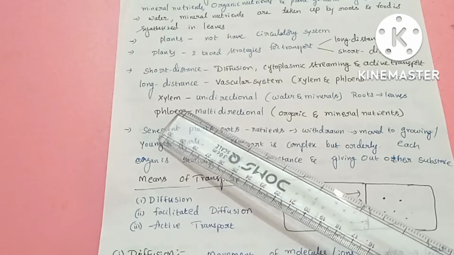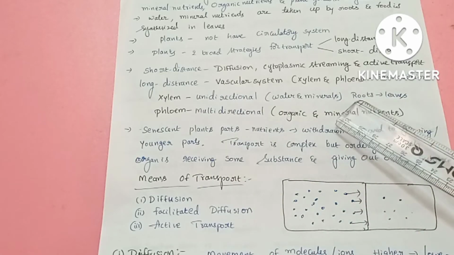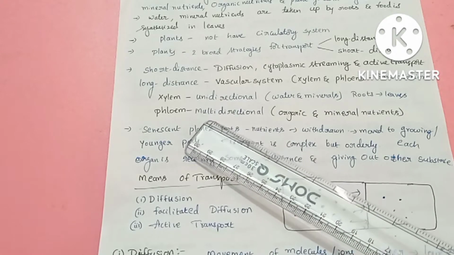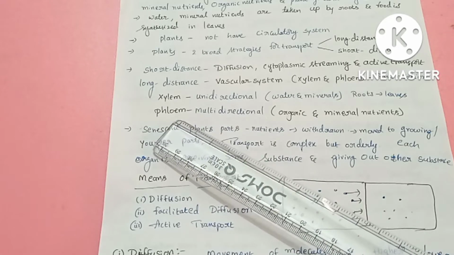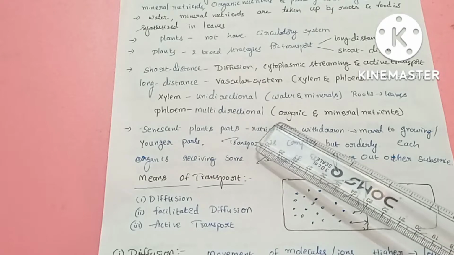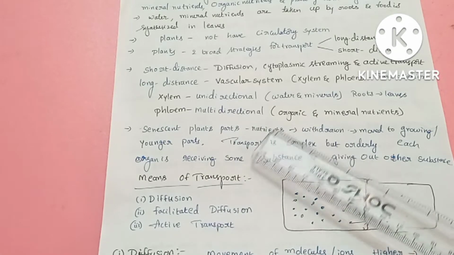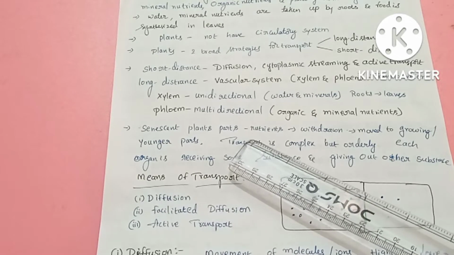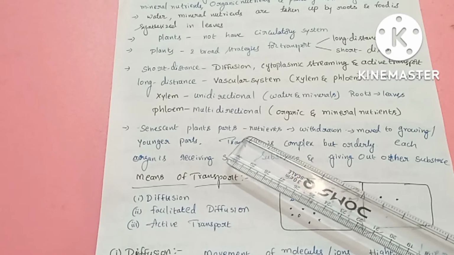The xylem transports water and mineral ions from the roots to the leaves in one direction, that is from the roots to the leaves, hence it is unidirectional. But in the phloem, the food material that is prepared in the leaves, which may be in the form of organic or mineral nutrients, is transported to the different parts of the plant, that is from the leaf to branches, leaf to fruits or flower or bud, or leaf to the roots.